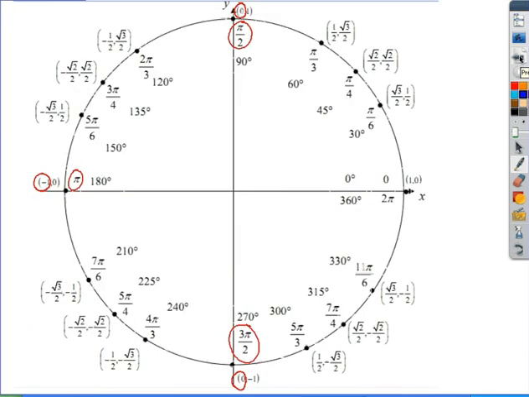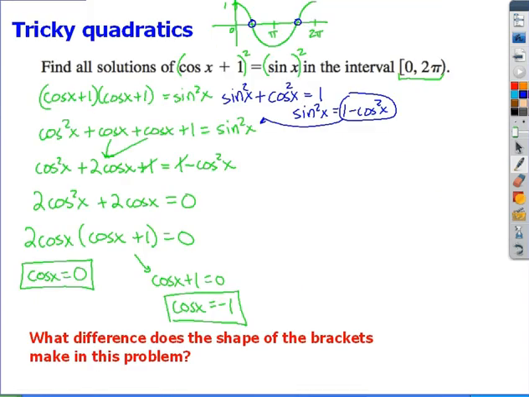I've already got some of the stuff circled on my page here. So here's again cosine 0 at pi on 2, and cosine is 0 at 3 pi on 2. Okay, so we've got those ones. So I should probably write that down. I should say x can be pi on 2 or 3 pi on 2.